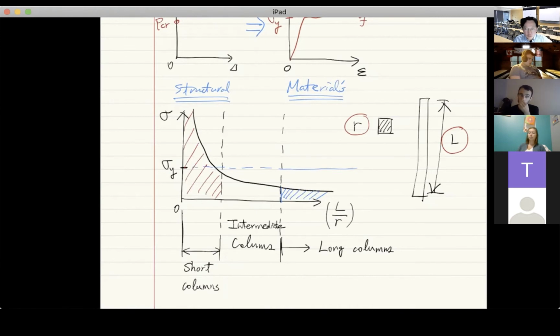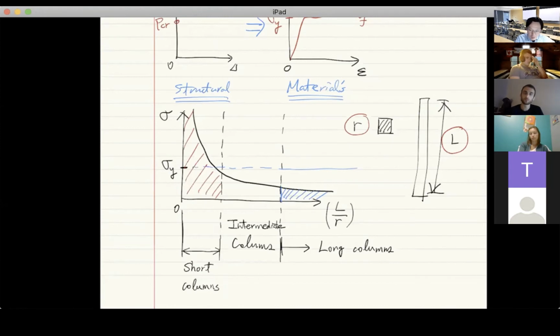So that's the tricky one. What structural engineers really care about is recognizing that part of the cross-section will be yielded. We want to know the maximum bearing capacity, which is this curve. In principle, we know it's a combination, but what we really want to know is the maximum bearing capacity.